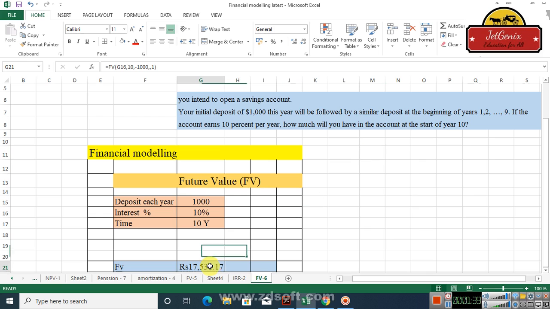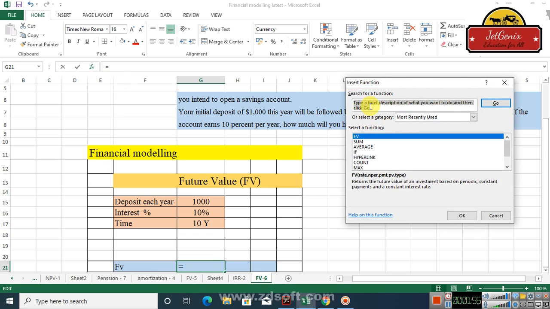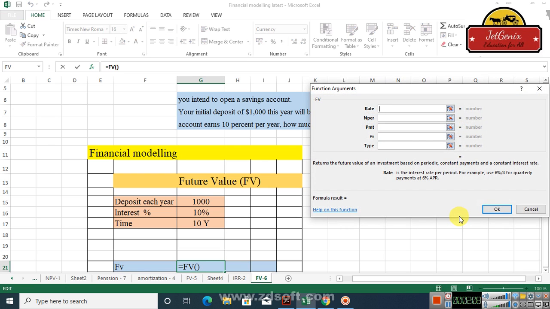So here I have calculated it, but just to demonstrate how you are going to calculate it, you just come here to the function box, and you can write FV. You see, you find the FV, the future value function here. Now you are required to click OK and see this table. In this table there is certain information that you have to provide in order to find the future value of this cash flow stream.